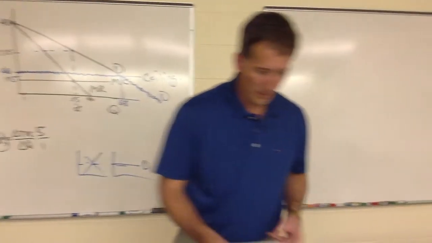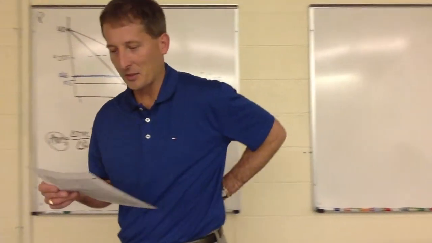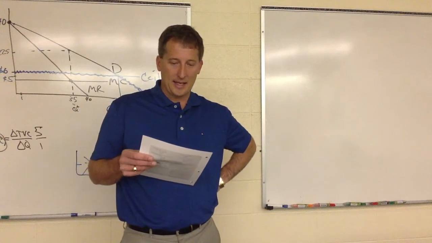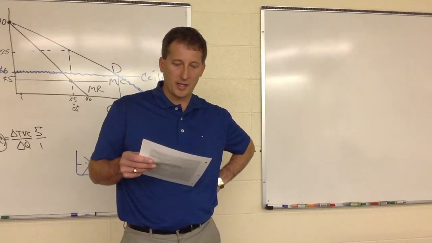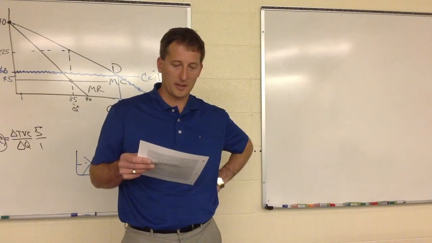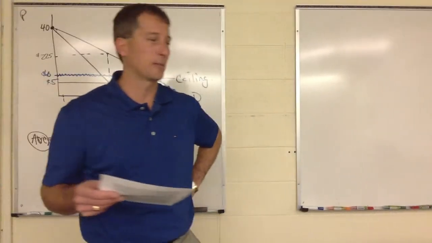A firm with market power faces an inverse demand curve for its product equal to that, and assume that the firm faces a marginal cost curve of that function. If the firm cannot price discriminate, what is the profit maximizing level of output and price?